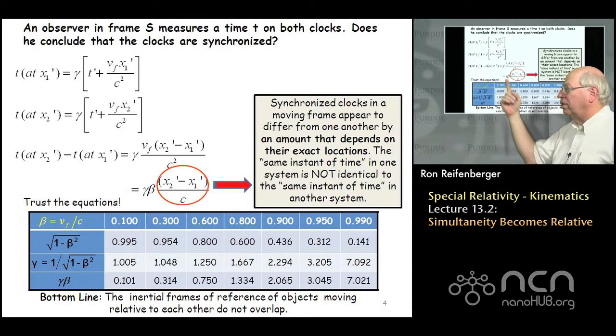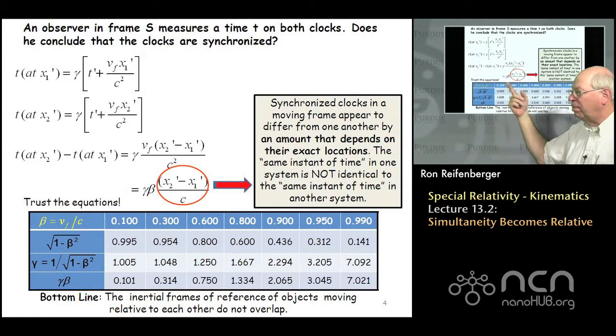The proportionality that relates the difference in time in the S frame is related to this parameter gamma times beta. I list a table so you can see the sorts of numbers you're expecting.